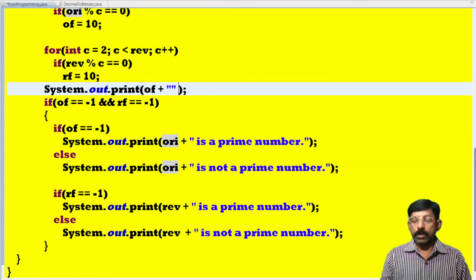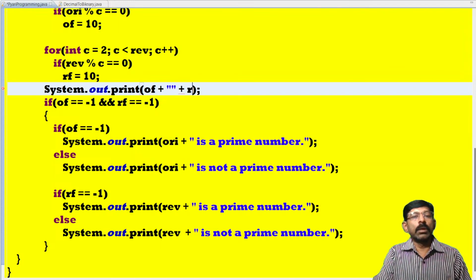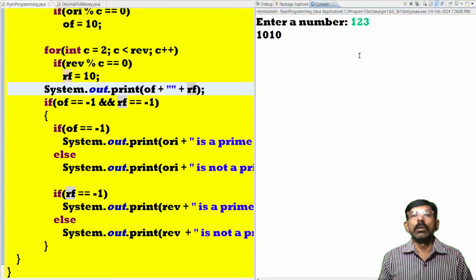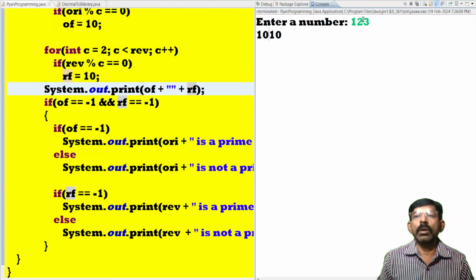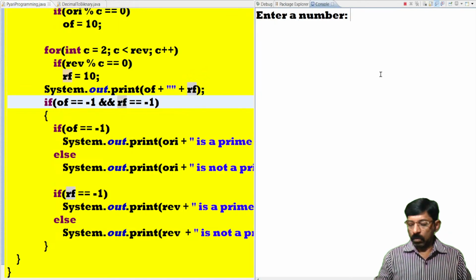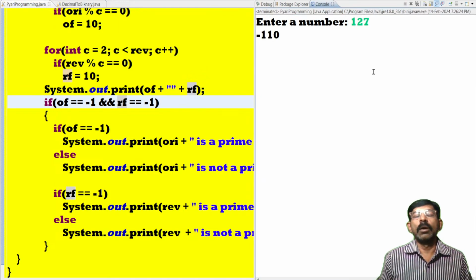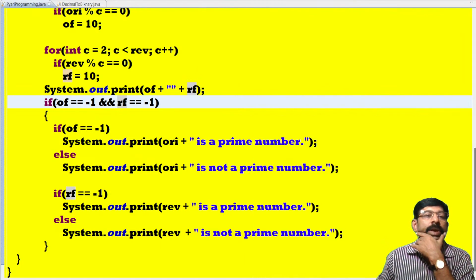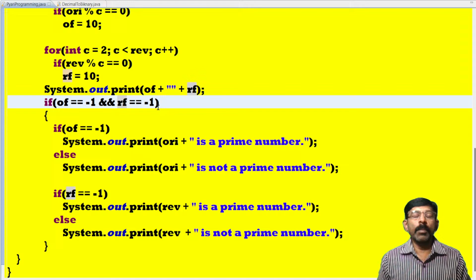Original flag plus space plus reverse flag: 10, both are 10, because 123 itself is not a prime number, so that's why it is not getting inside. Both -1 and 0 are not possible at the same time, so that's why it is coming like this.